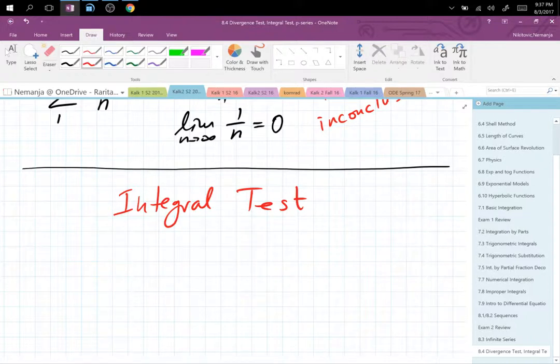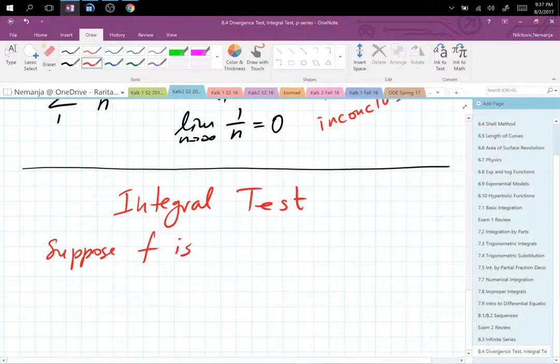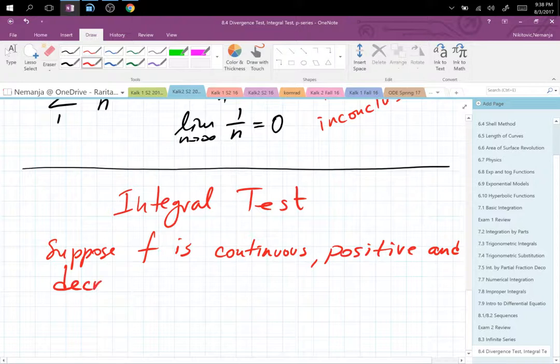Guys, suppose f is continuous, positive, and decreasing for x larger or equal than 1.